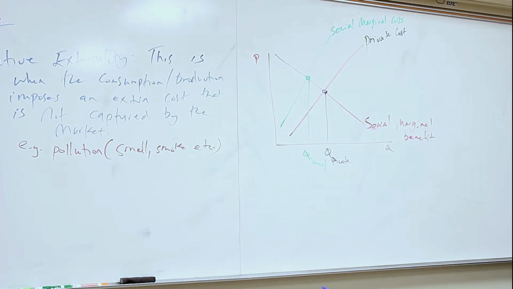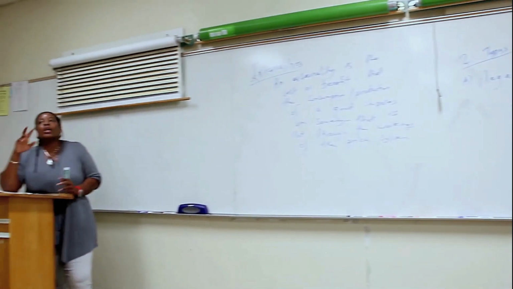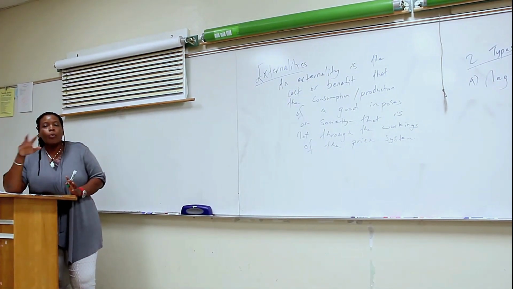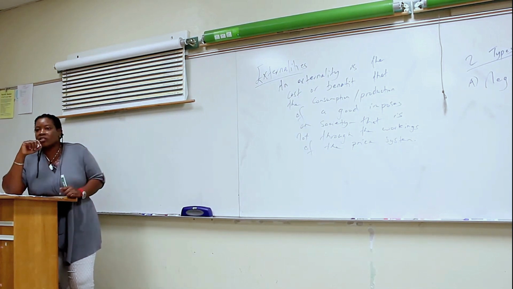Now this is where I want you to think a little bit. Look at Q private and look at Q social. When a market has a negative externality, what is a firm doing if they are left alone? Well, you could consider these both equilibrium. One is just from the private firm's perspective and one is what's good for society.